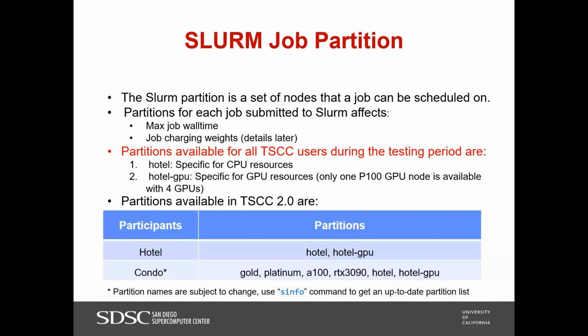In general, the partitions available in TSCC2 will be hotel, GPU, gold, platinum, and several GPU partitions for the condo users. Please note those partition names might change, and you can use a SLURM command called sinfo to get an updated partition list.